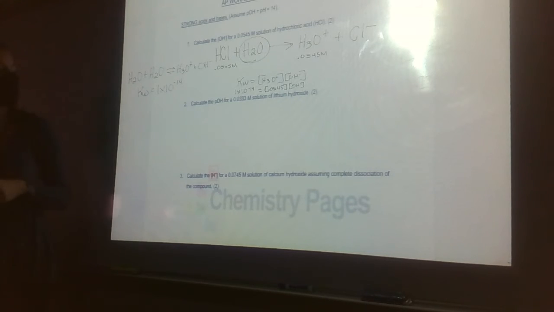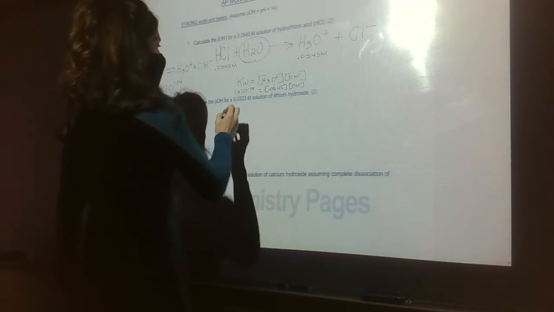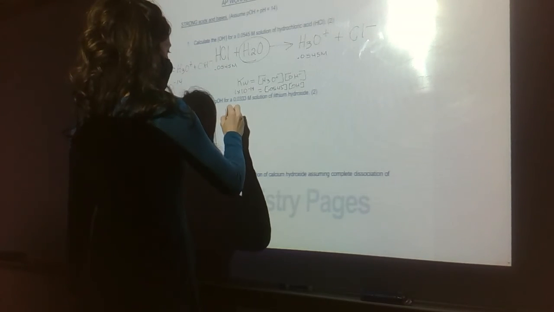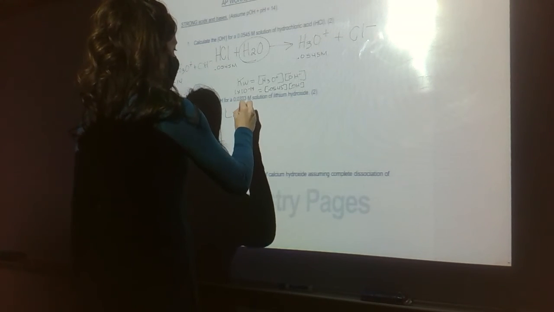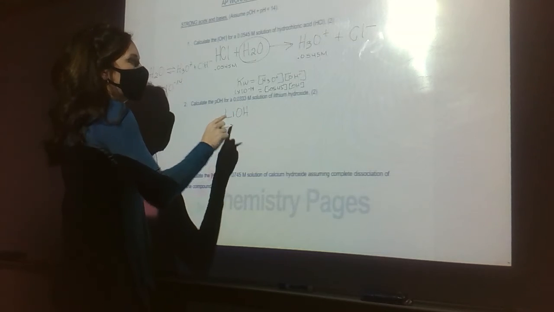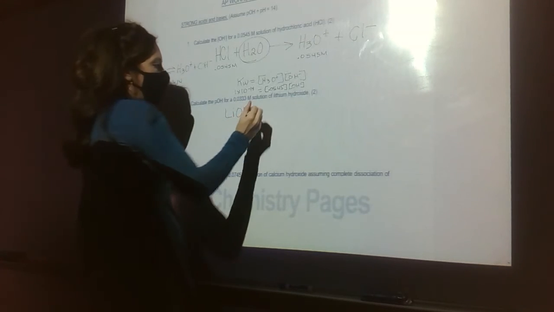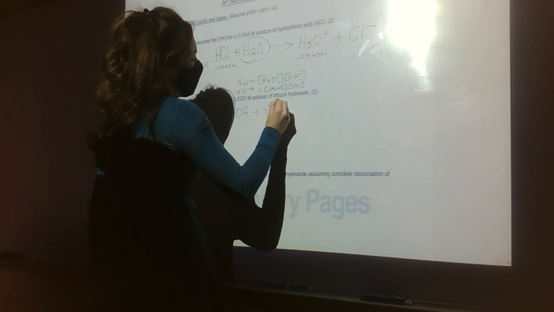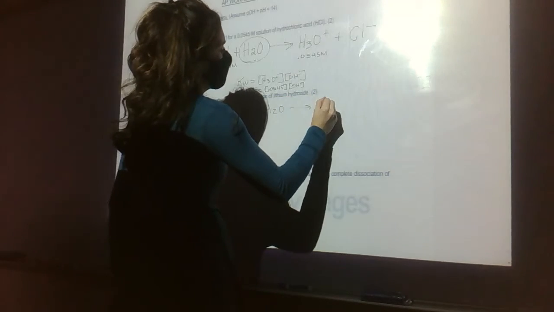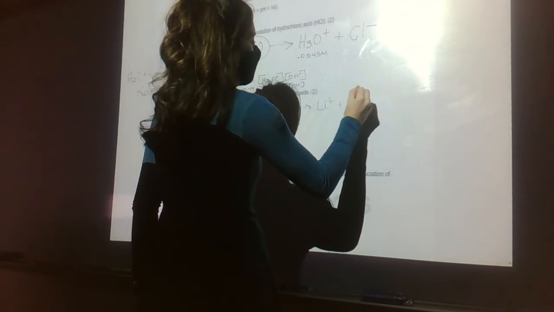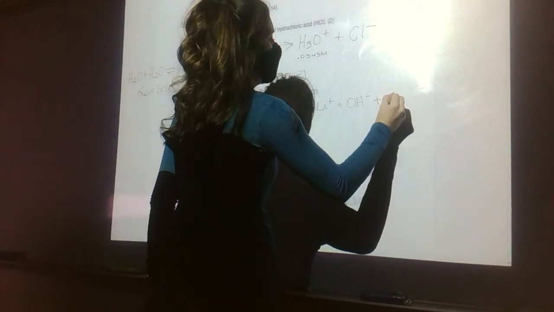Okay, part number 2. Calculate the pOH for a 0.0333 molar solution of lithium hydroxide. When you're writing base reactions in water, water is a spectator. It remains unchanged on both sides.